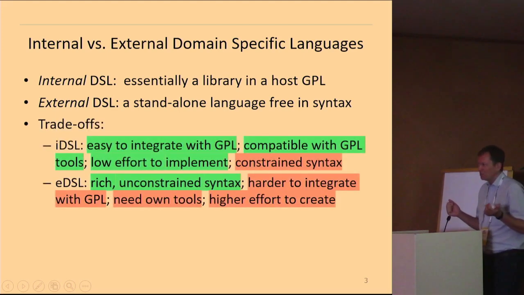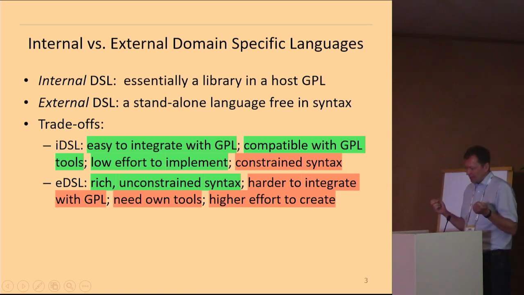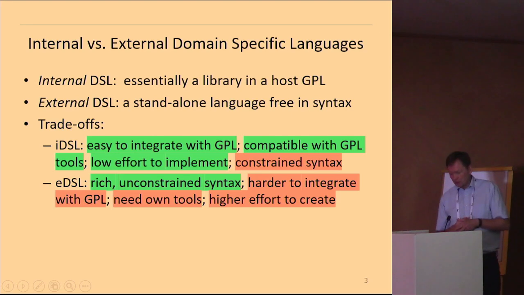Internal DSLs have many interesting points: they are easy to implement, they integrate well with the toolkits, and they can also be integrated with the host GPL. The bad thing is that they are constrained in syntax. On the other hand, this constraint is not present in external DSLs, but there are a lot of other disadvantages, including high effort to implement and low integration with tools and with the other programming languages used.